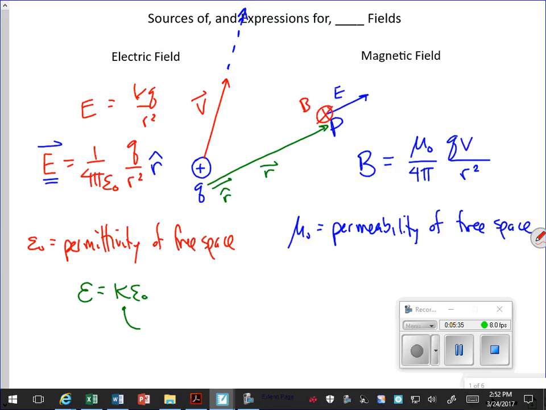There's B. Now, how do we get that B into the page? We have to employ a cross product. That's how magnetic fields work. They are in a direction that's perpendicular to V, and also perpendicular to vector R.